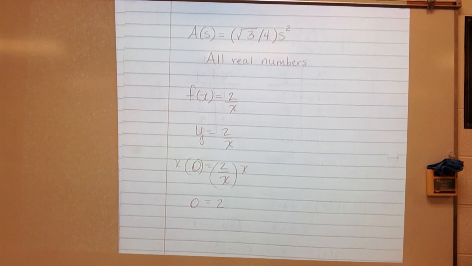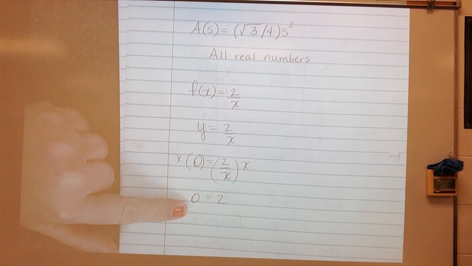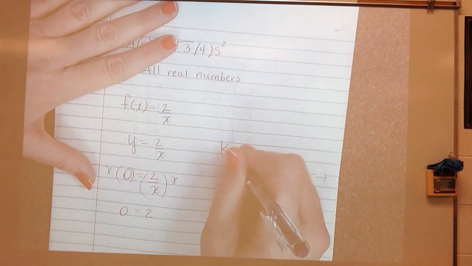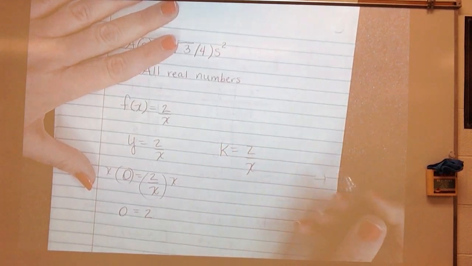But how do we know that all other real numbers are in the range? Well, I can put other real numbers in there and let y equal that and see if that would work. If you look at page 90, what they did is they said, okay, we'll just let all real numbers be k. Alright? We know 0 doesn't work, but look what happens when I let this be k. k is equal to 2 over x.